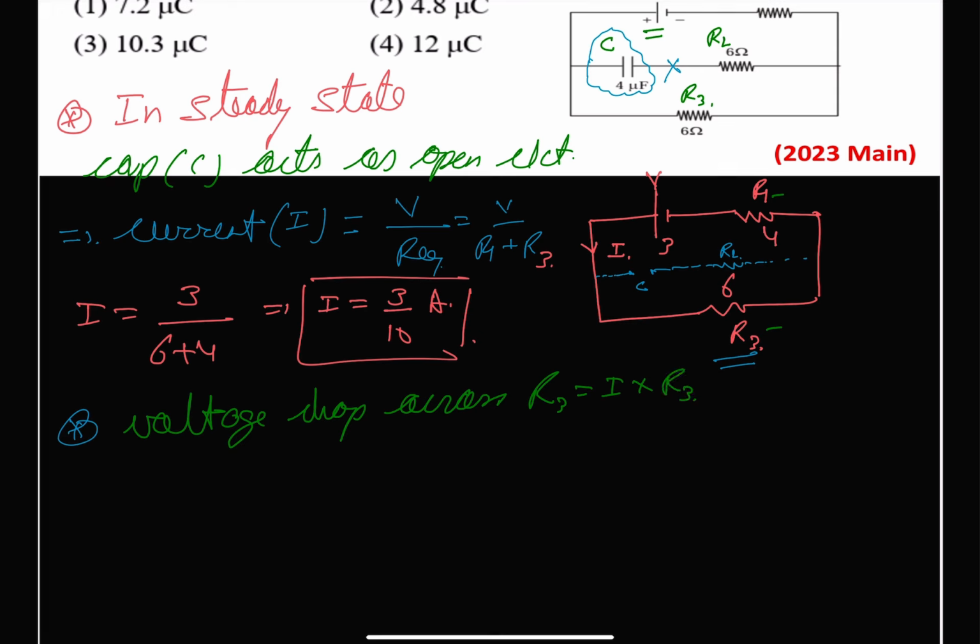Current is 3 by 10 and R3 is 6, so this comes as 18 by 10 volts, which is 1.8 volt, and this entire will be across the capacitor.